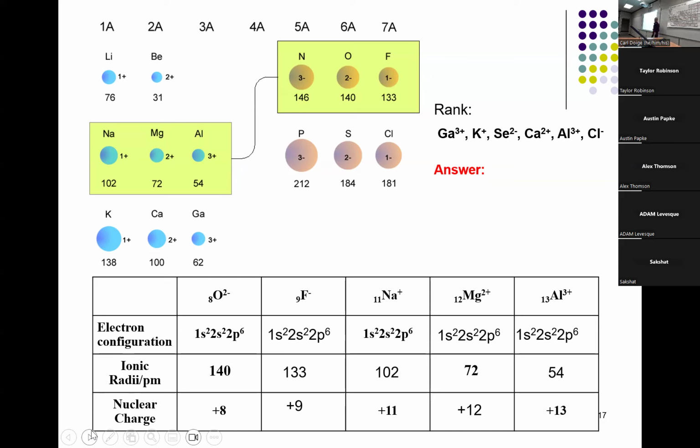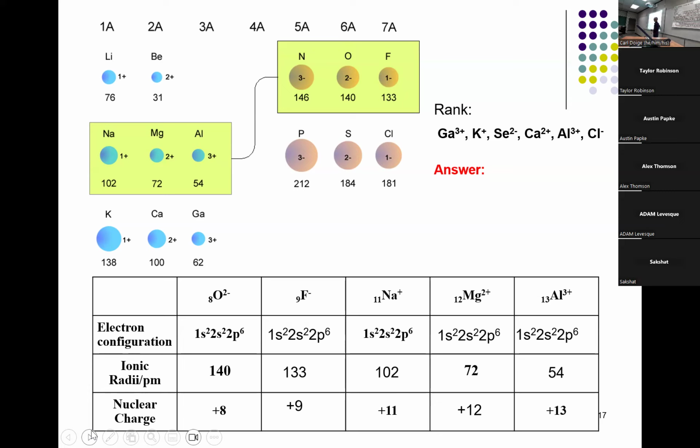So this is kind of like going across the periodic table, but in an even more dramatic way. Because normally for atoms across the periodic table, yes, the nuclear charge is increasing, but so are the number of electrons. Here, the nuclear charge is increasing and the number of electrons are staying constant. So there's going to be a really dramatic change in size.